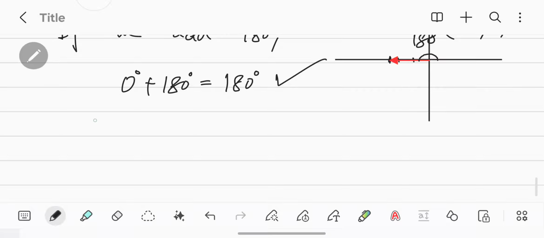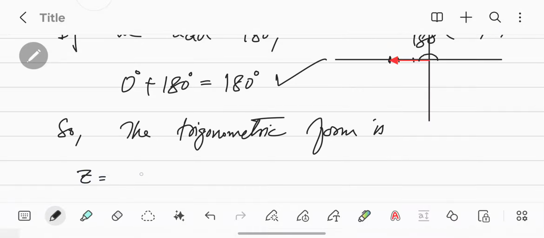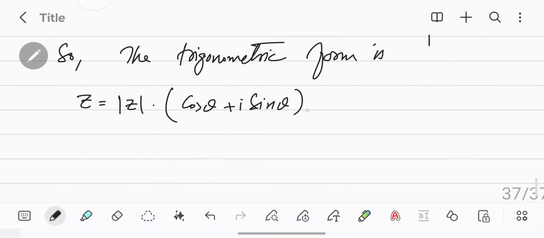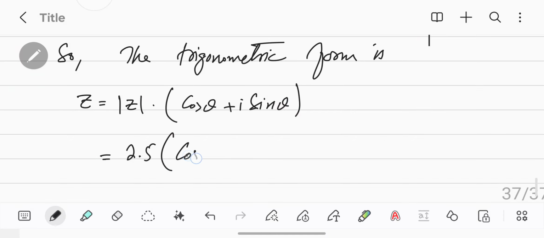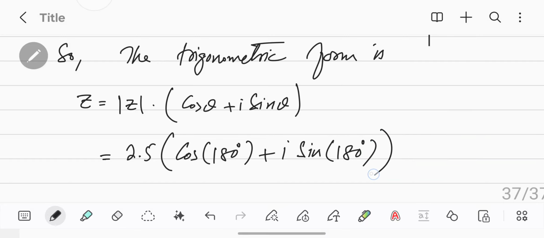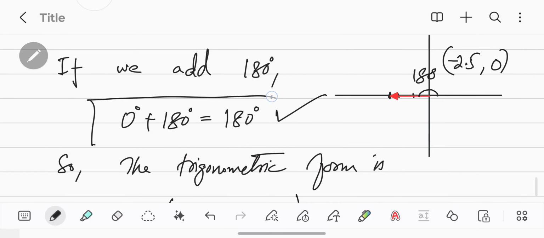So the trigonometric form of the complex number is z equal to the modulus of z times cosine of theta plus iota sine of theta. If I plug in the values, the modulus is 2.5 because I have already determined it, times cosine of 180 degrees plus iota sine of 180 degrees, because my angle is this one.